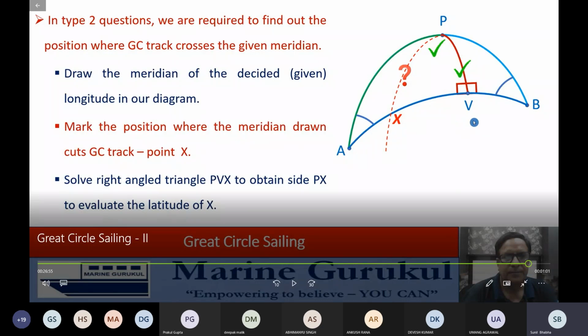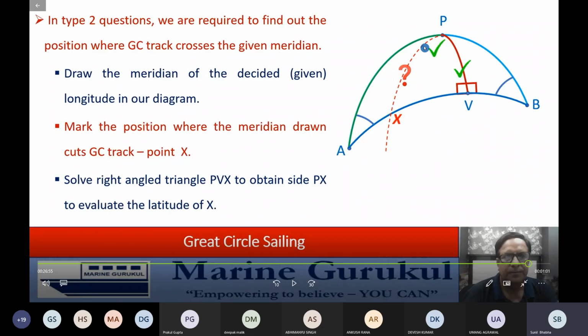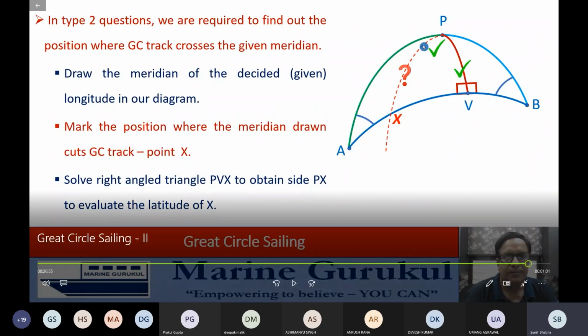Now give me this angle P, beta, any angle P of your liking. 35 degrees. Okay, this angle P is 35 degrees. We applied the Napier rule, it came to 35 degrees. Now the longitude of the vertex is 50 degrees east.